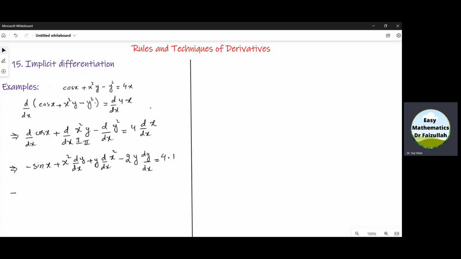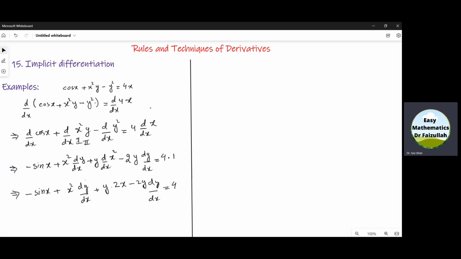And now let us simplify it a little more. So we have minus sine x plus x square dy over dx plus y into differentiation of x square, which is 2x, minus 2y dy by dx is equal to 4.